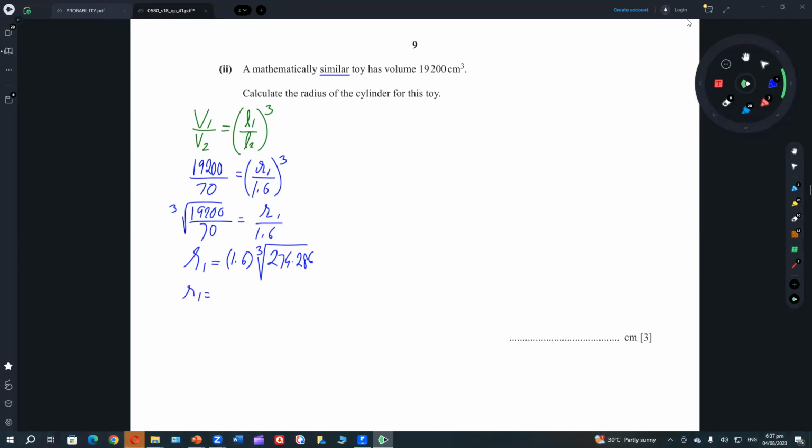Then you're supposed to do times 1.6, and then I get 2.98. But that doesn't match the answer in the back. What answer is he getting at the back? 8.7. Yes.